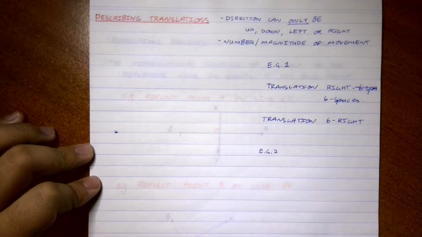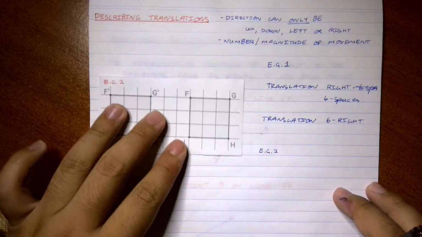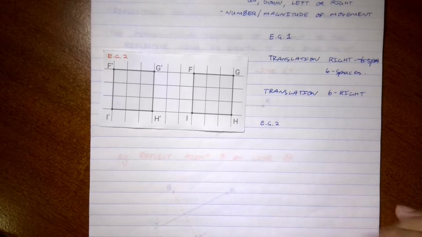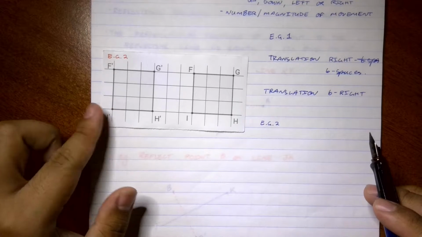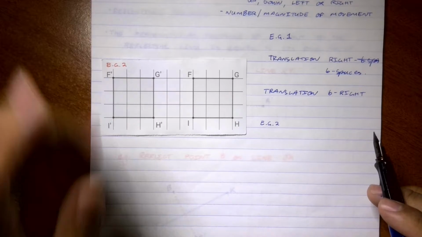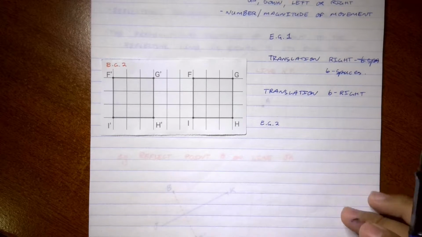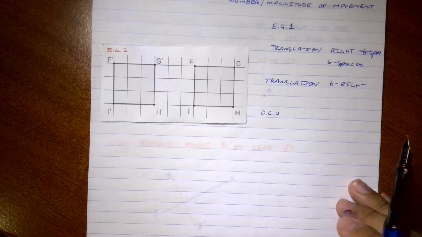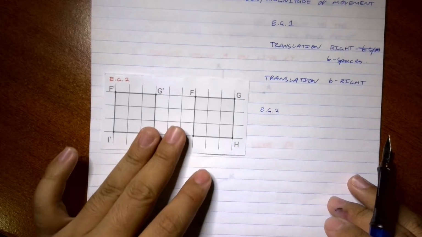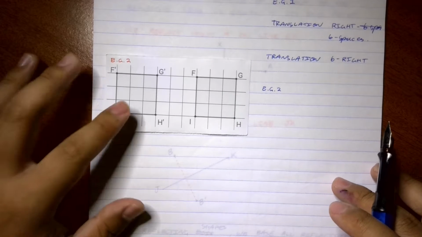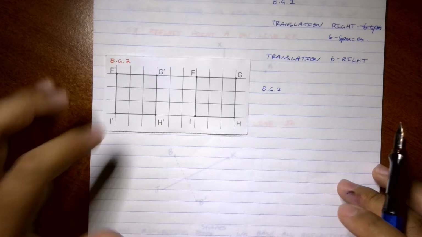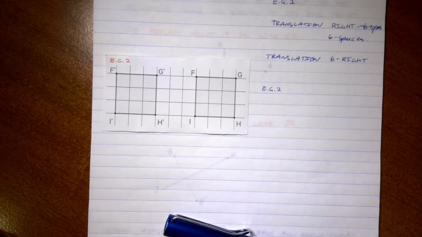I'd like for you to give this a go and try yourself. However, keep in mind looking at the letters where they start and where they end. You can pause the video here now and see if you get it right. I'm going to give you the answer in 5, 4, 3, 2, 1.